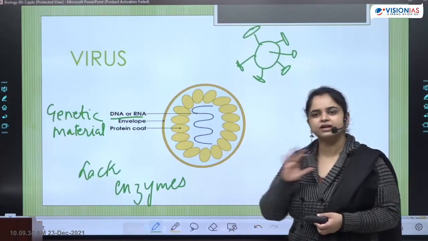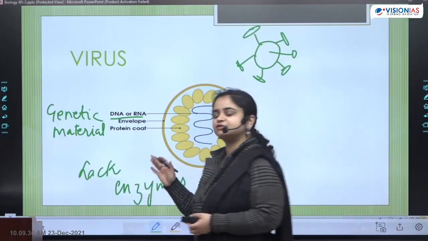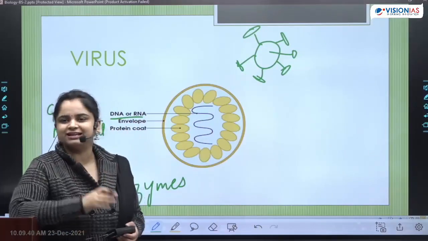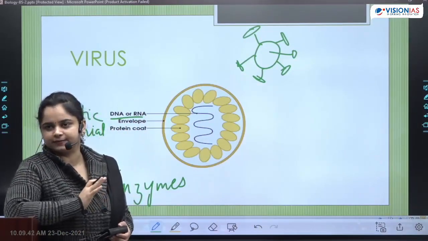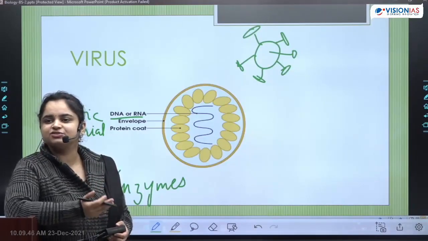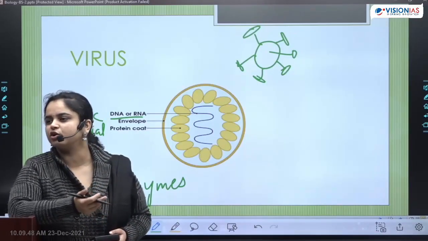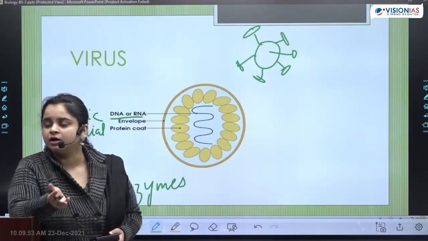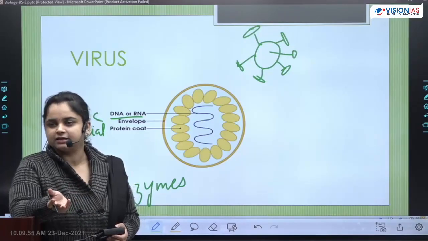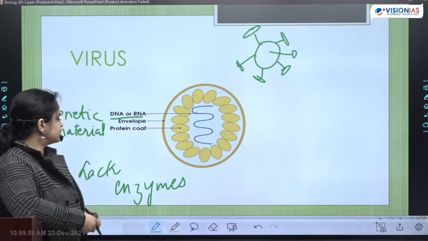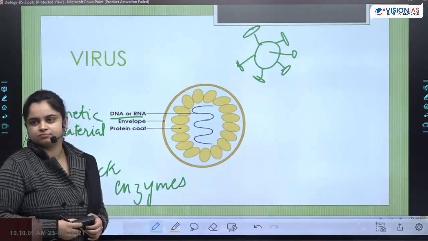It is not doing any of the functions of life which we spoke about. Nutrition, digestion, all of that. It will not do anything. It's just lying there as an entity. How it starts its life processes is when it goes into another living organism. If it goes into the body of a plant or an animal or any other living organism, it starts using their enzymes.